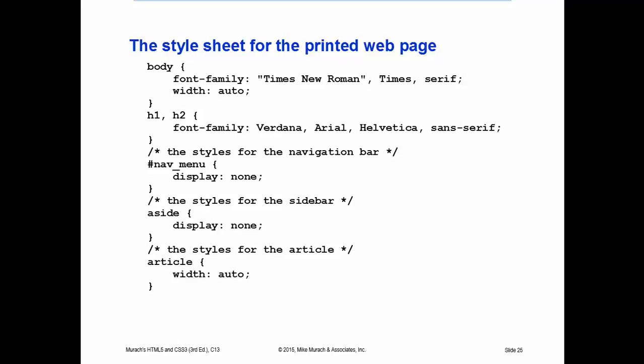The font family for the headings is a sans serif font, and the color of the H2 and H3 elements are set to black. The display properties for the navigation and sidebar are set to none, so they aren't included. The borders for the header and footer are set to black. And to set margins and paddings, you can use inches. Inches is the unit of measure, which makes sense because you're going to be printing it on an 8.5 by 11 page anyway.